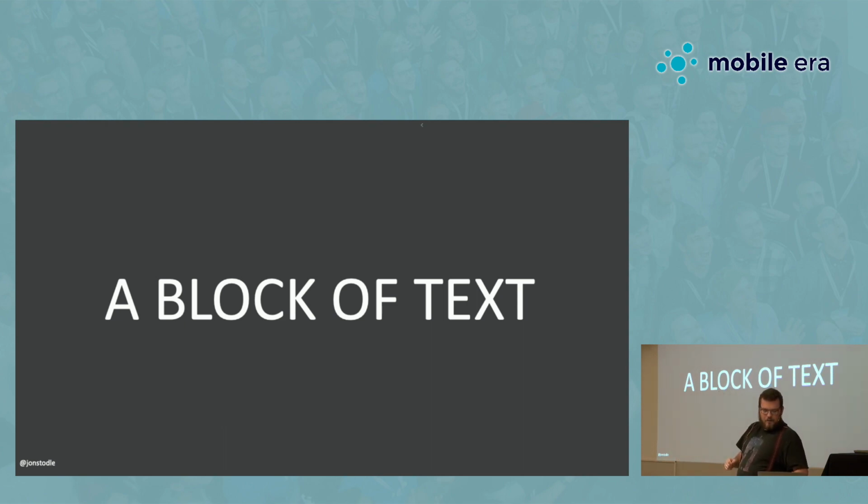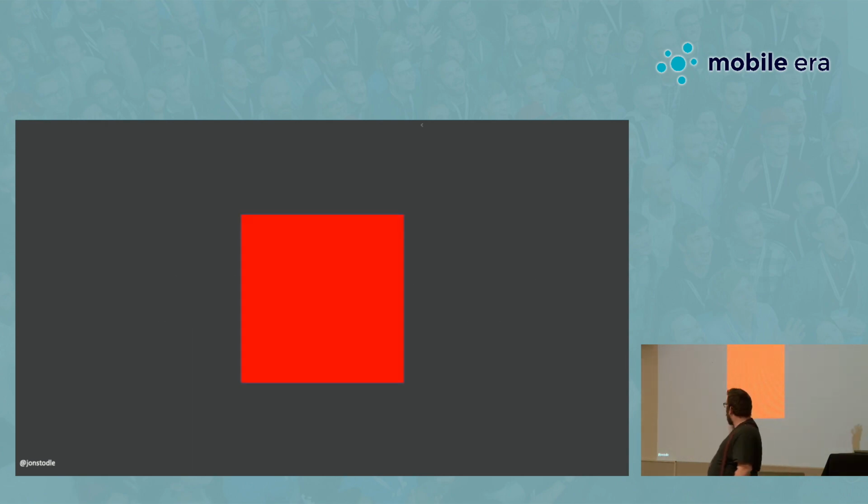But if you have a red square and just change the color of it, for example, to blue, that's a simpler operation. There's no need to create a whole new box or a whole new square that is blue. Just change the color of that one to blue. That's a lot more efficient. So that's what Flutter does. It just changes the color, because that's more efficient. It allocates fewer objects in memory, and it's faster when you're actually doing the rendering.